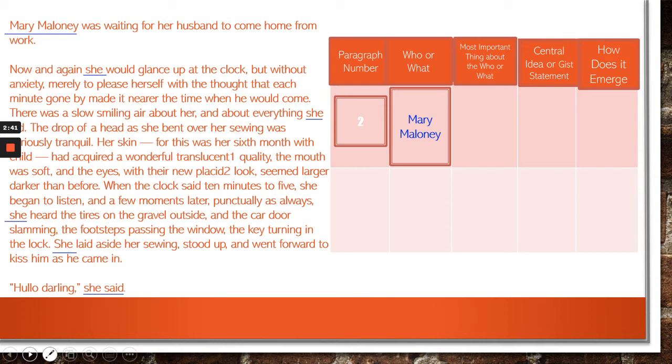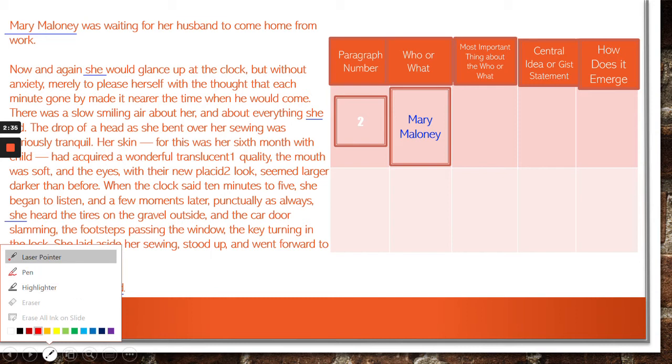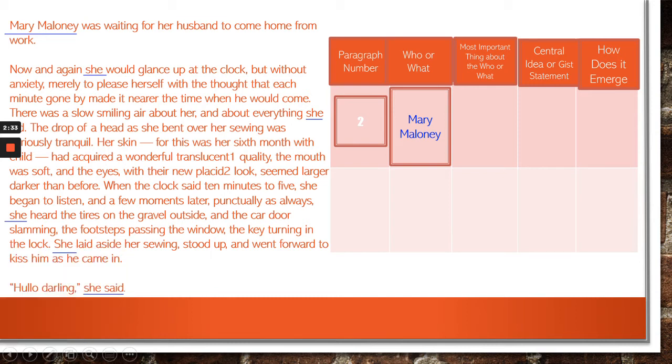The next thing I want to think about is what is the most important thing that the author is telling me about the who or the what? And in this case, what is the most important thing that he's telling me about Mary Maloney? And so I can see here in the middle of the text, it tells me that there is a slow smiling air about her.